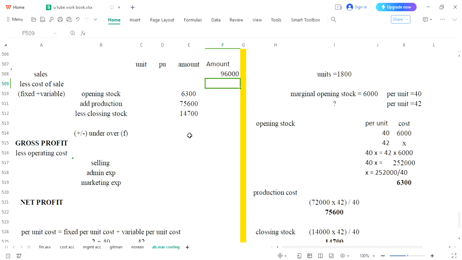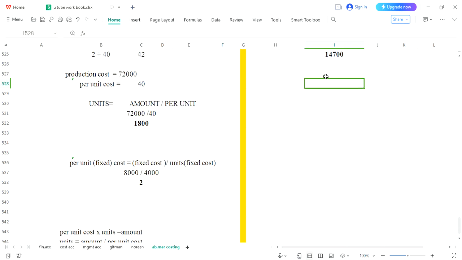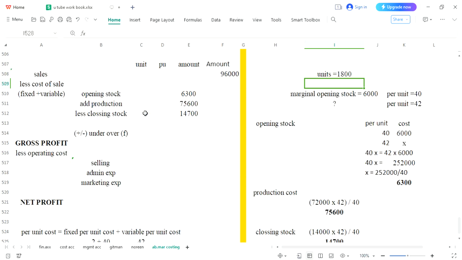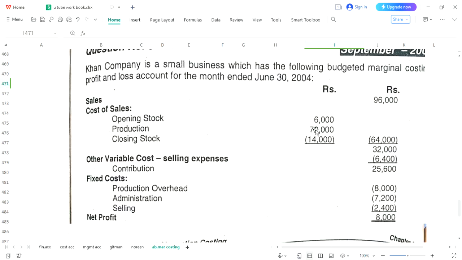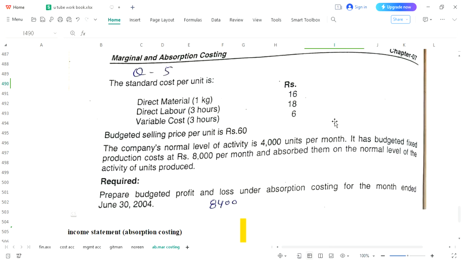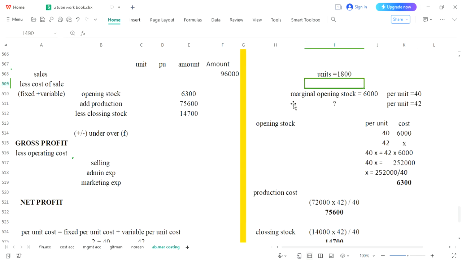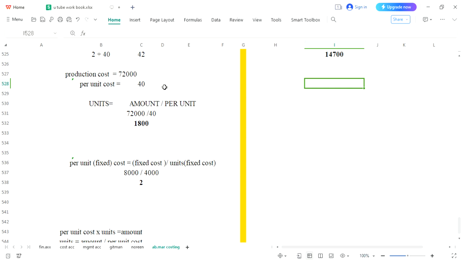Now again we have a test if there is under applied or over applied. For that these units are very important. How did we calculate these number of units? 72,000 amount was present for units produced. You can see that in our question, the cost was also mentioned, 40 was per unit cost. Total cost was 72,000.